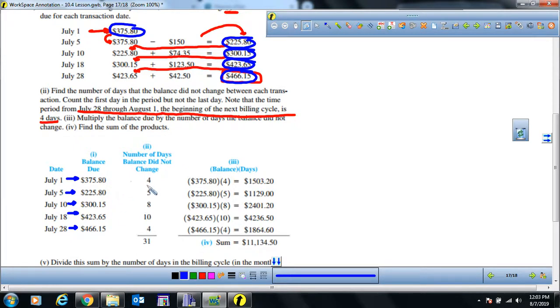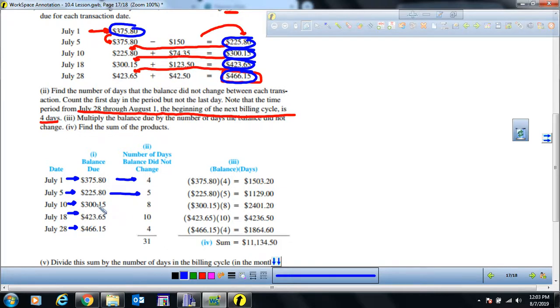And then here is the number of days the balance did not change. From July 1st to July 5th, you just count how many days there are. So 5 minus 1 is 4 days, right? From July 5th to July 10th, 10 minus 5 is 5 days. It says you're supposed to count the first day in the period, but not the last day in the period.